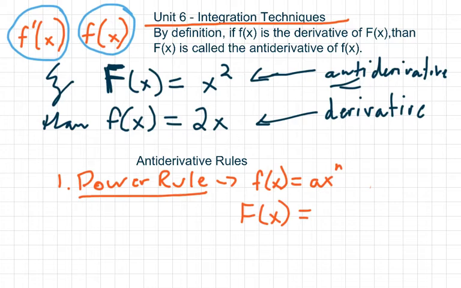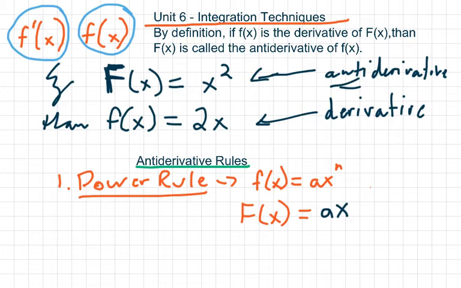Okay, so the first antiderivative rule that we want to know how to use is the power rule. It is the most common rule out there. This is the go-to, and it's simply this. If you have some function that has an exponent, all you do is add 1. I'm not going to prove any of this really, we're just going to use them.